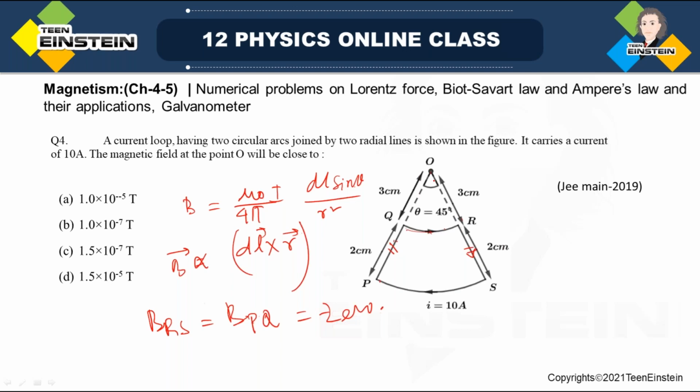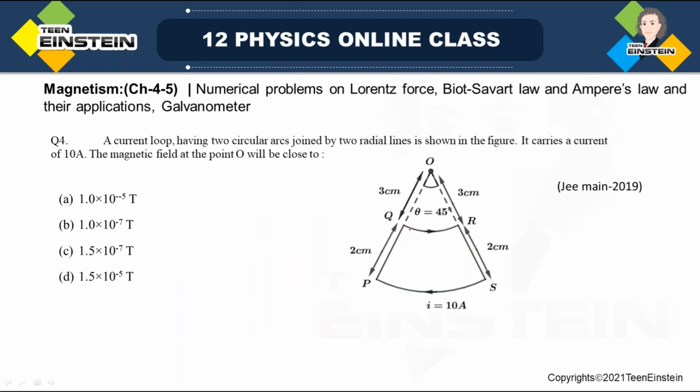Okay, so now we have these two arcs. To calculate the magnetic field due to these two arcs, see what we can do. First of all, you can see that this is carrying current in the clockwise direction, this is carrying current in the anti-clockwise direction. So the magnetic fields will obviously subtract.